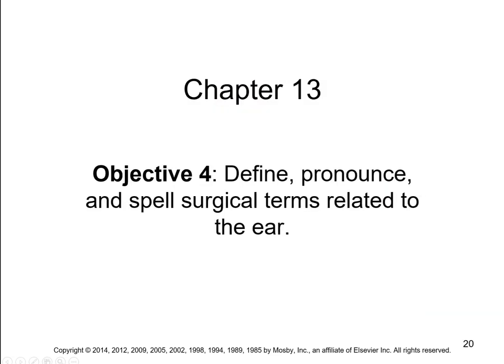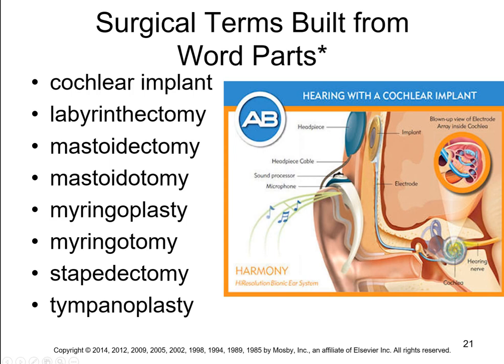So there are a lot of surgical terms associated with the ear, not as much as some of the other parts of the body, but definitely enough to make you never want to have ear surgery. Cochlear implants, this is something that we deal with in radiology.